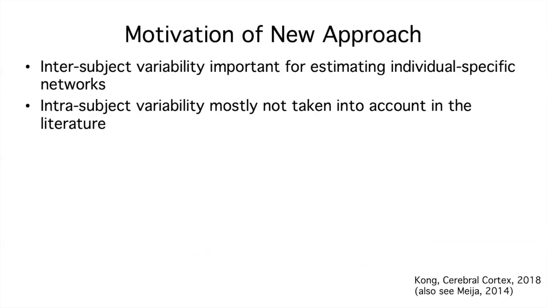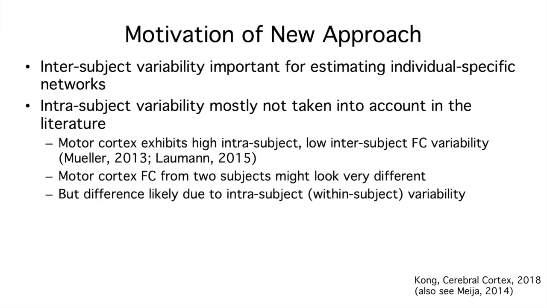Because we're talking about individual specific networks, obviously all algorithms try to take into account inter-subject variability, because these algorithms need to estimate the networks in individual subjects. So the algorithms have to handle inter-individual differences. But most approaches do not account for intra-subject variability. This is important because inter-subject and intra-subject functional connectivity variability can be very different across brain regions.